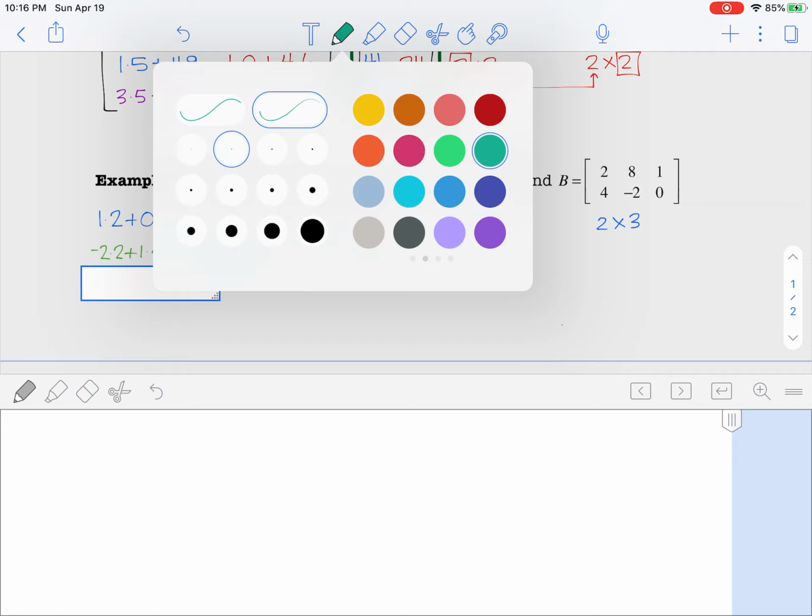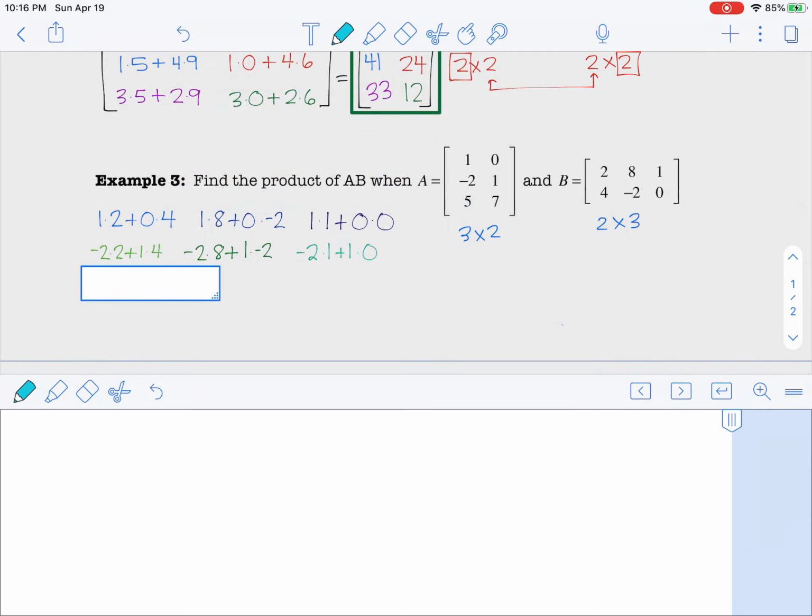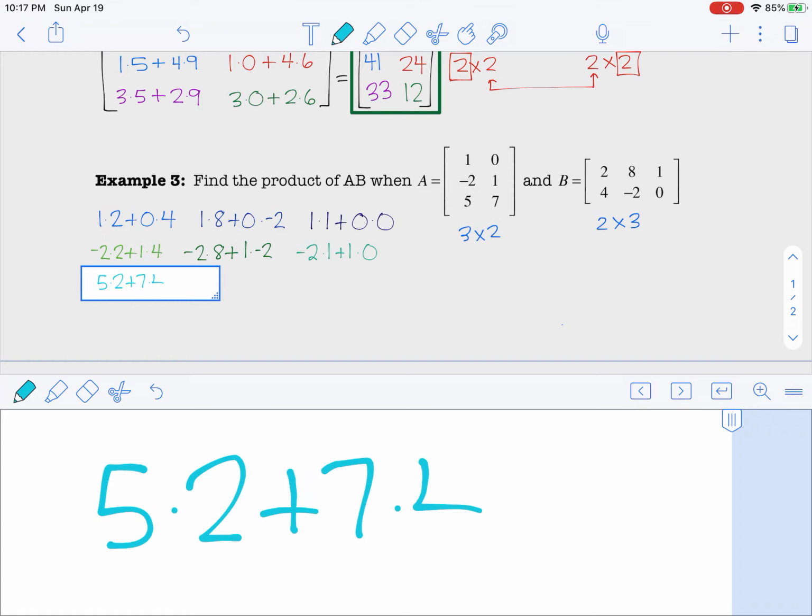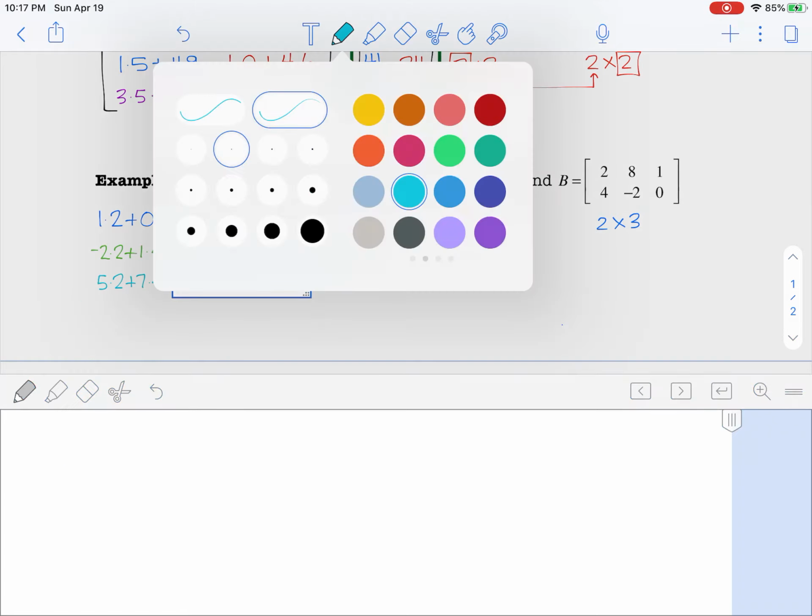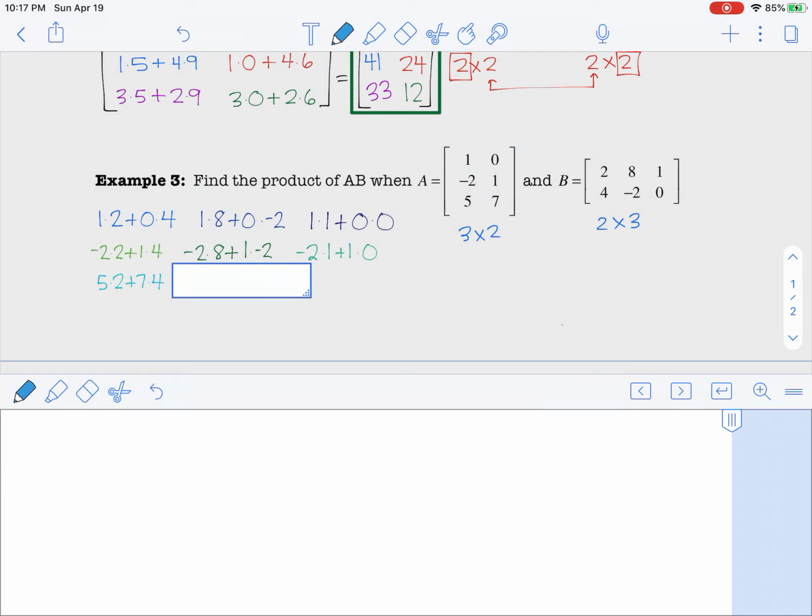All right, our final row, going through all 3 columns. So we have 5 times 2 plus 7 times 4. Then 5 times 8 plus 7 times a negative 2.